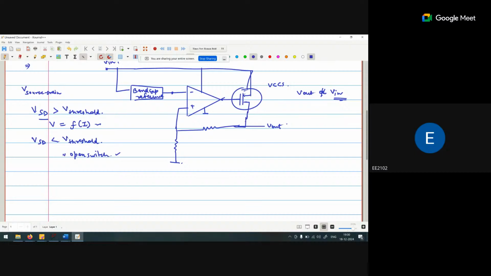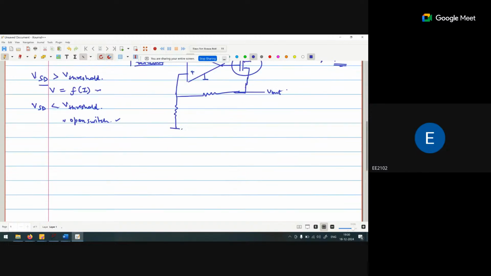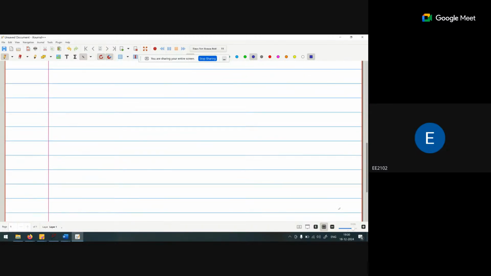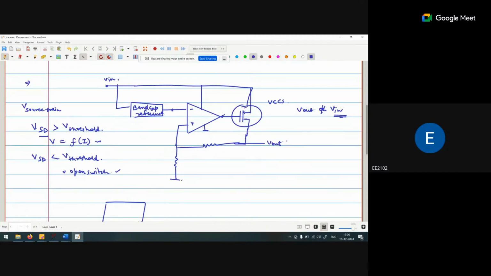Now if we use this like a circuit, this is my band gap, or I change this particular circuit in this way, like this is my V in. So the difference between V in and V out is called the dropout voltage, VDO.